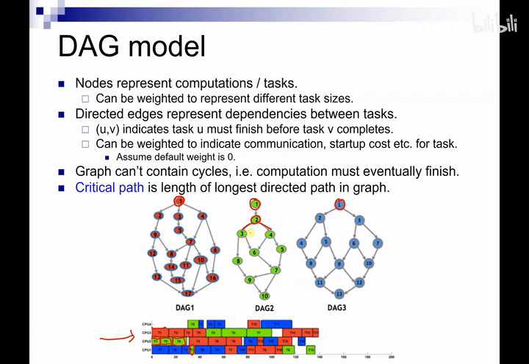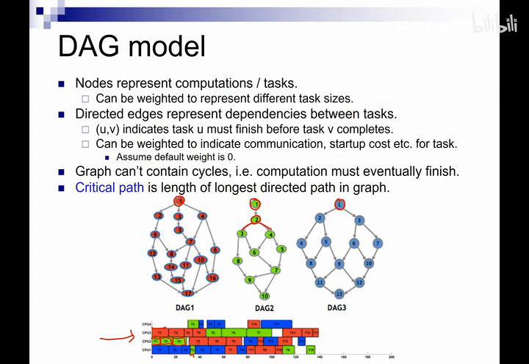If there were an arrow, let's say, from 3 to 4, then you would have to do 3 first before you do 4. But because there's no arrow, we can do both of these concurrently. In this example they're not doing 3 and 4 concurrently, but you actually could. For example, you could switch the order of this blue node and the green node, so that you would be doing the green 4 and green 3 at the same time.